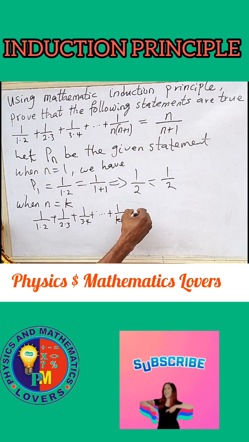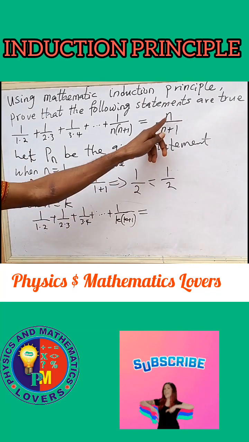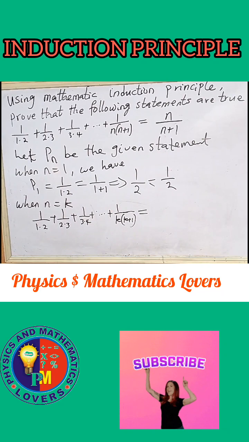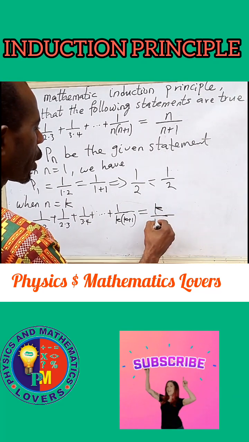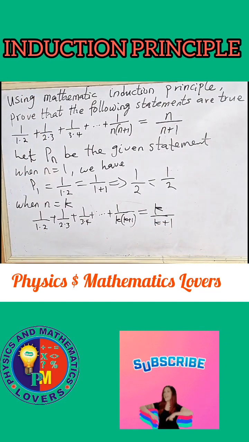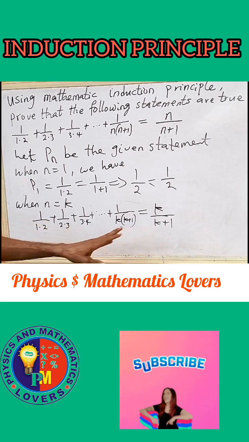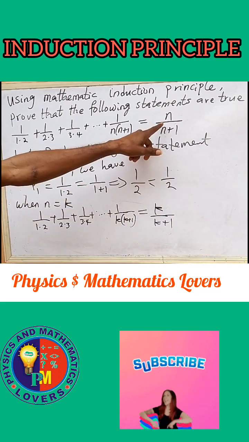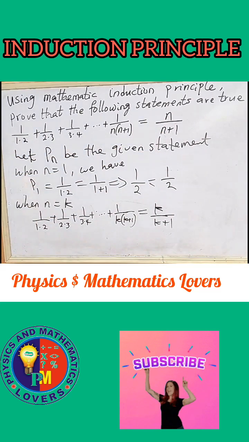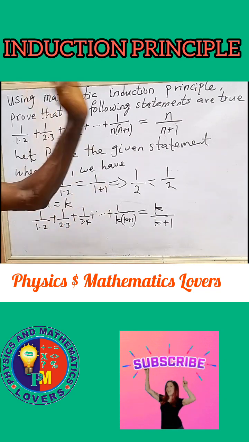Then equal to, moving to the right hand side, we have n over n plus 1, which means k over k plus 1. So as you can see, this statement is true for when n is equal to k, because it obeys exactly what is here. So we assume that n equal to k is true.